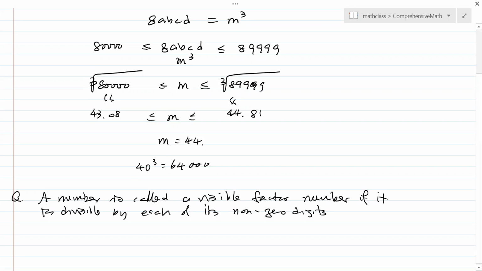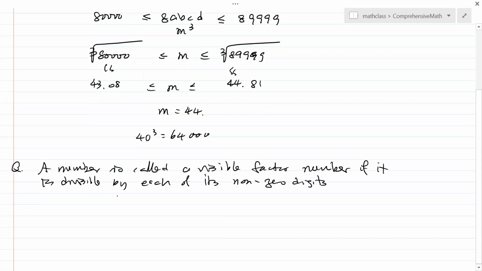If there's a zero digit, then ignore it. So for example, 102 is divisible by 1 and divisible by 2, so it is a visible factor number.